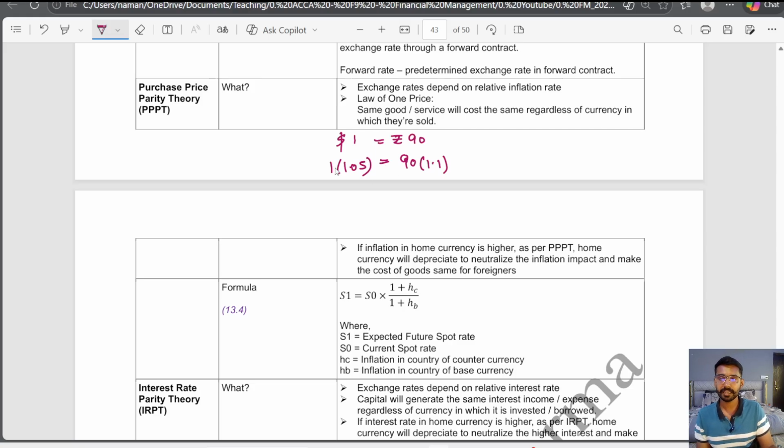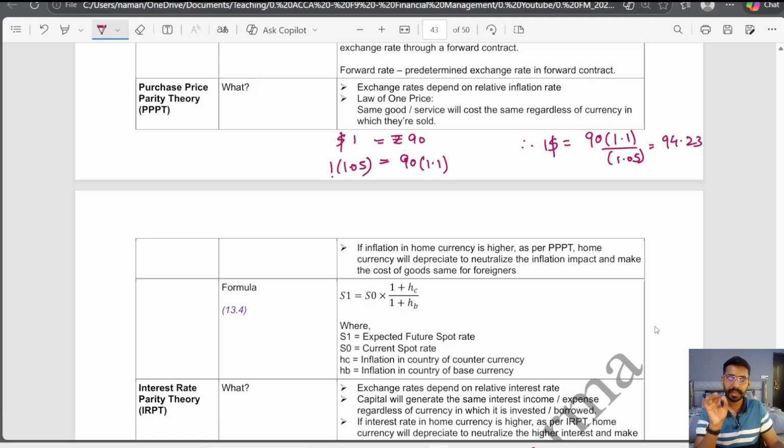Purchase price parity theory says that $1 multiplied by 1.05 will be equal to 90 into 1.1. Therefore, your $1 will be equal to 90 into 1.1 divided by 1.05, and therefore this will be equal to 94.23.